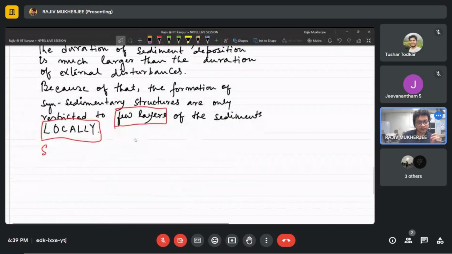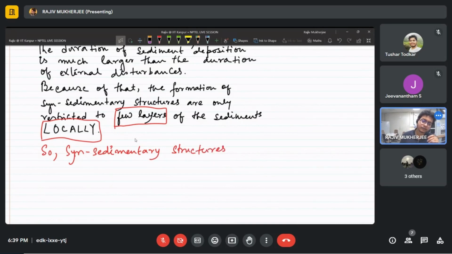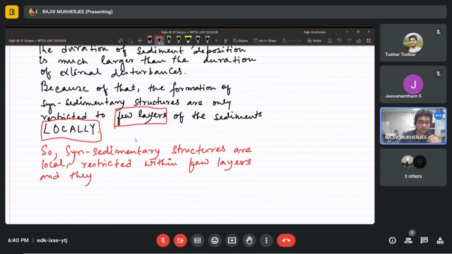So syn-sedimentary structures are local, restricted within few layers, and they are discontinuous.